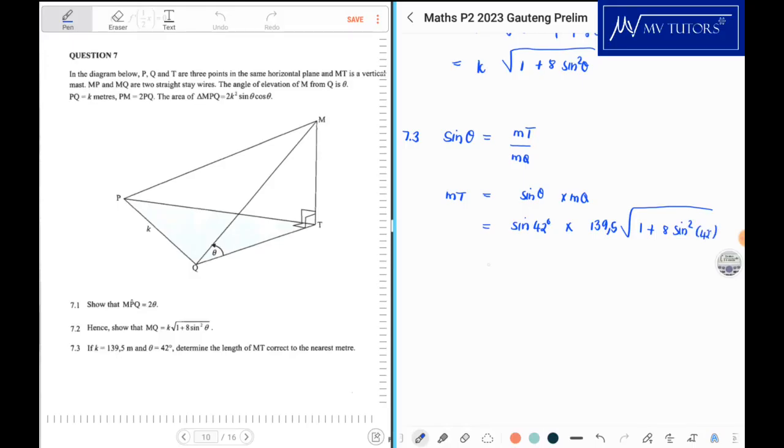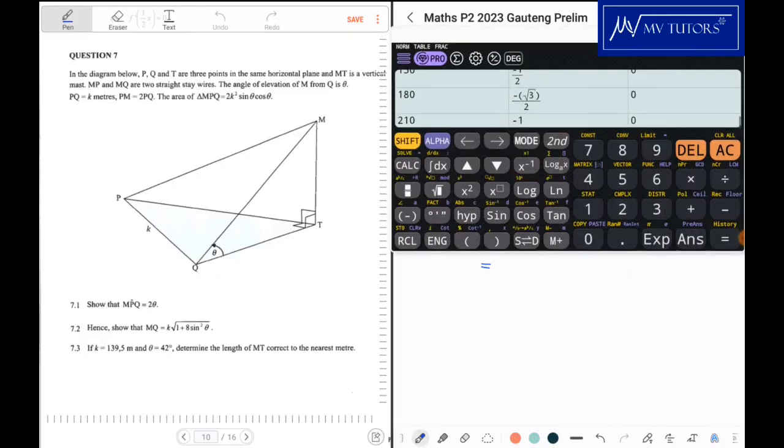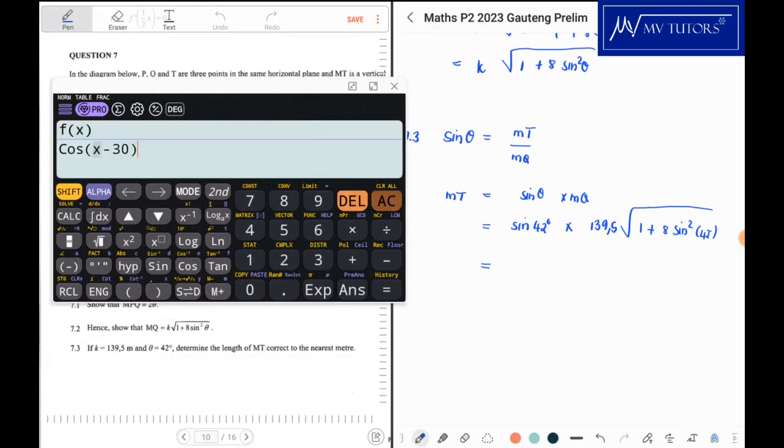degrees. Okay, so it's nice we can put everything into the calculator and work it out. So we have sine 42 degrees multiplied by 139,5 multiplied by the square root of 1 plus 8 sine 42, and we're going to have to square all of that.